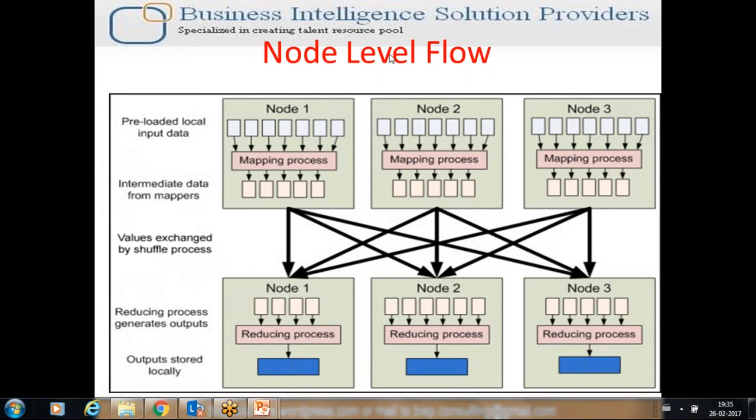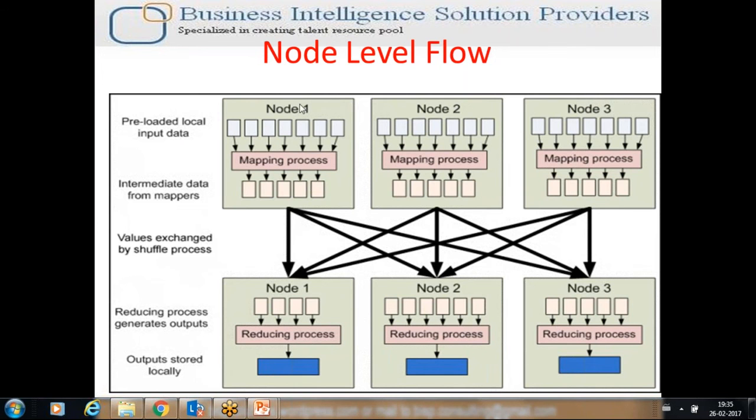So this node level flow tells you the same thing, that it's not necessary that a node will be dedicated to a particular task. So any node can take up any task. So job tracker will decide which task has to be run on which node. If a node gets a task to run a mapping process, it will run a mapping process.